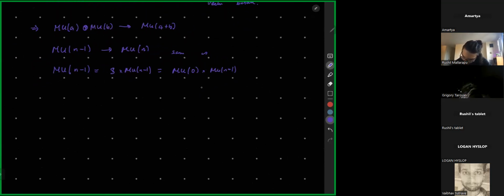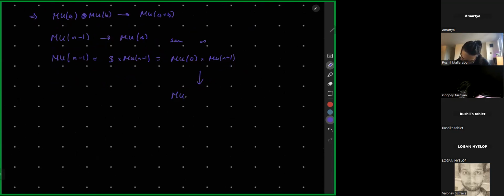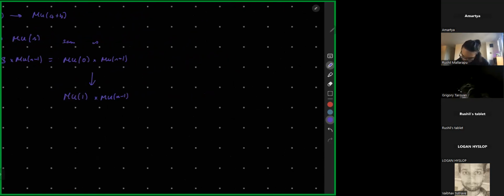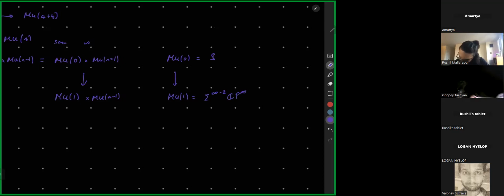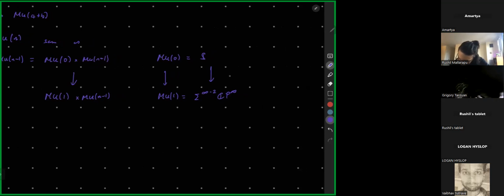And then we can map this to MU_1 times MU_{n-1}, where MU_0 is just the sphere spectrum, and MU_1 is the desuspension of CP infinity, and this map is just the unit.